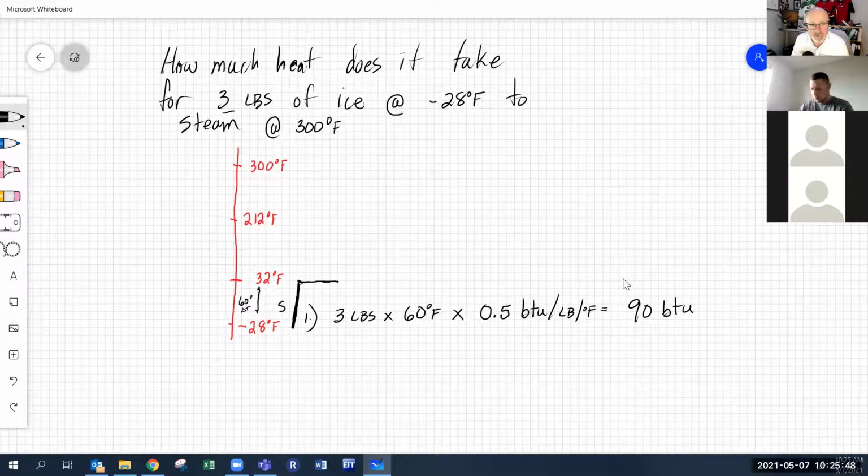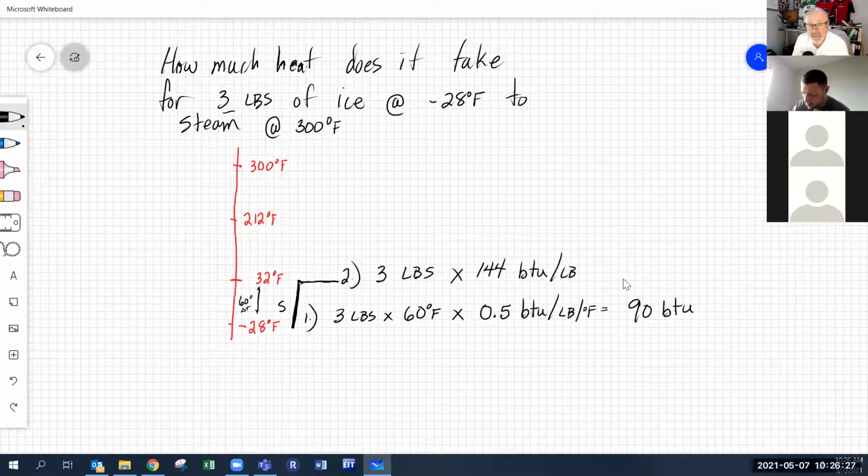And at this point right here, I need to change the state. I have this ice at 32 degrees Fahrenheit. I have to make it into water. So I have to add a certain amount of heat. I have to add the latent heat of fusion or solidification, where we take our mass and we're going to multiply it by that latent heat value, which is 144 BTUs per pound.